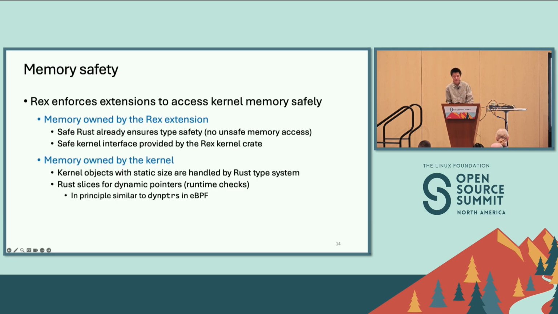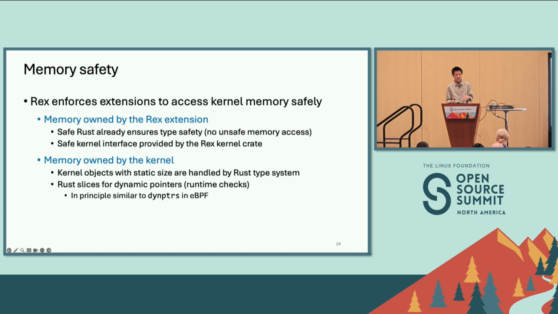Kernel extensions must access kernel memory safely, and in Rex we divide this into two cases. For memory owned by the Rex extension, our use of safe Rust already provides type safety and therefore the absence of unsafe memory accesses.